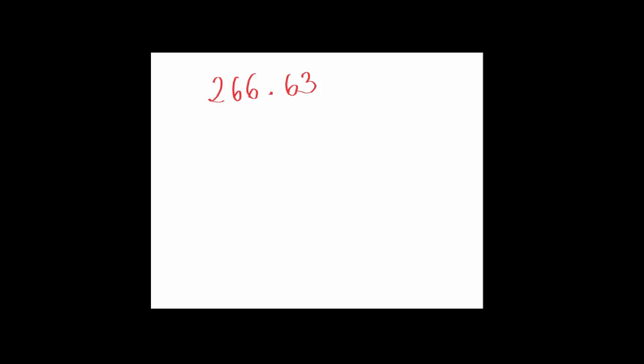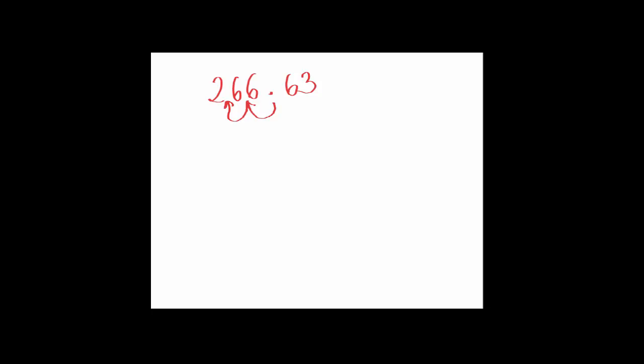Clearly this is in decimal notation because there is no coefficient multiplied by 10 to the power of y, and the number is greater than 10. If I'm expressing it in scientific notation, the number must be in the range of 1 to 10. So I need to move this decimal point to the left by 2 places so that the number will be less than 10.